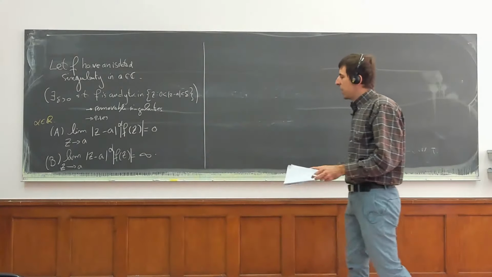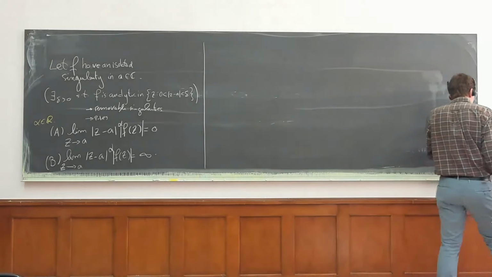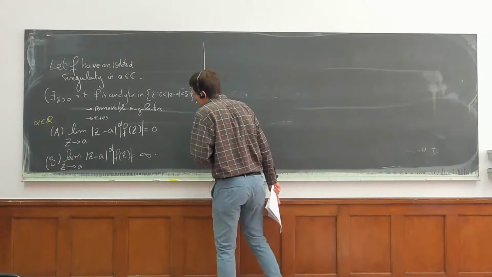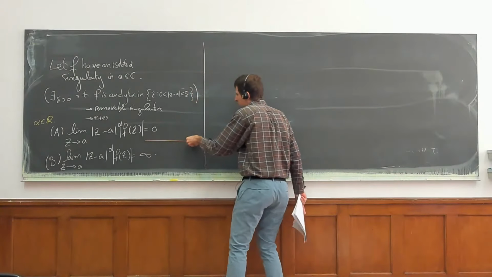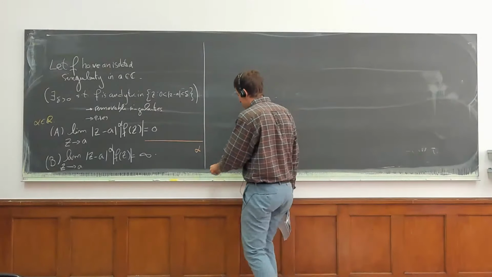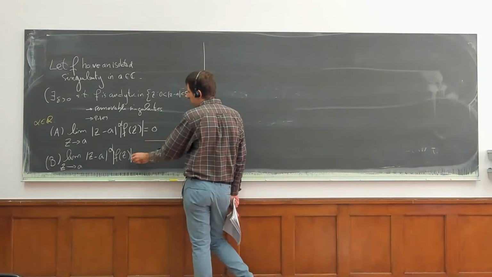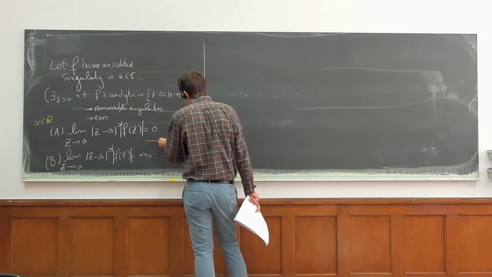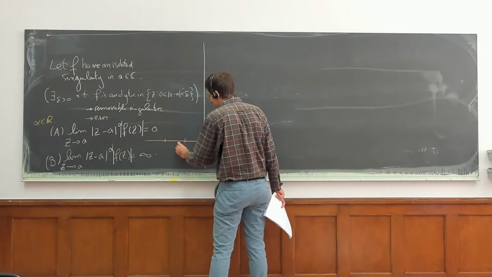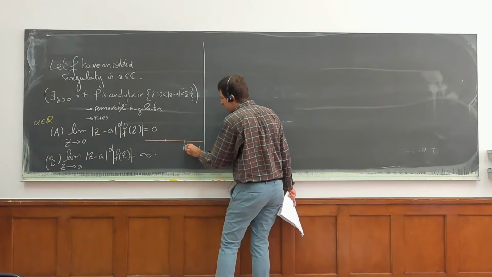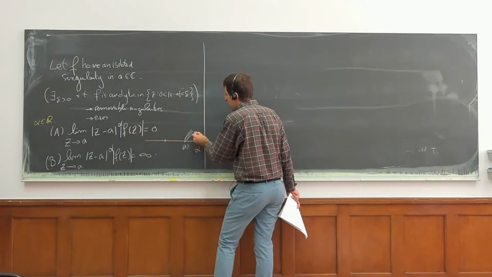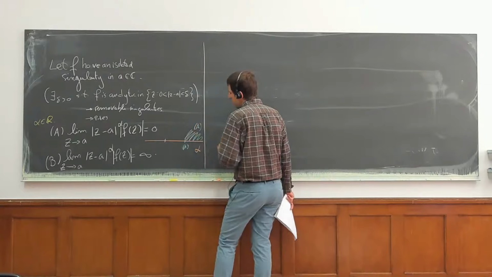Now the picture to have in mind, let me just do it again. I did this last time. If we think of the real line and the values alpha, and for which values of alpha property A or B is satisfied: if for a certain alpha, say here, property A is satisfied, then for sure if I make alpha bigger, this just goes to 0 faster, and so A will be satisfied in some region.